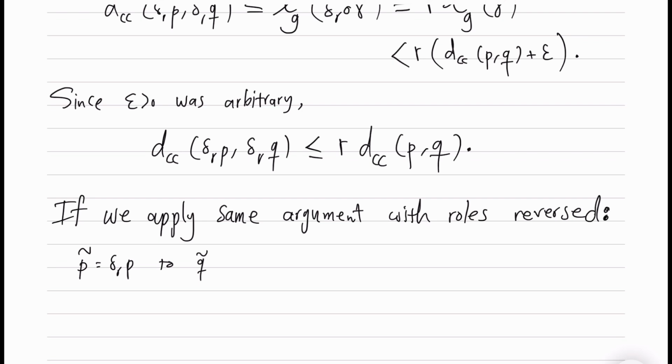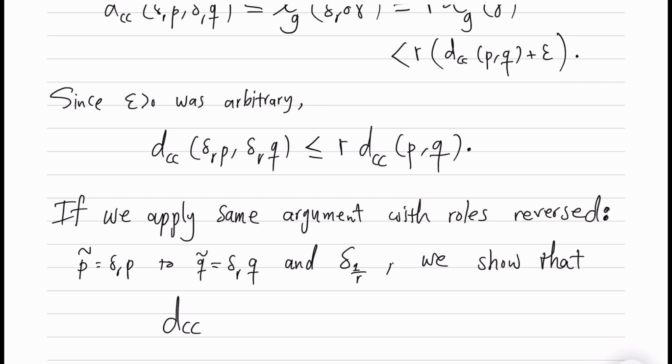So reversed means we take these to be the starting points, and then we take delta of 1 over r, because then delta 1 over r of p tilde becomes p.